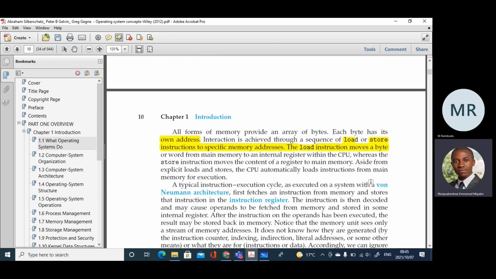Then it loads the data from there and passes that data onto the data bus this time, and through the system bus the control unit is notified of data coming, and the CPU then takes the data from the data bus. That's how a load instruction will happen.